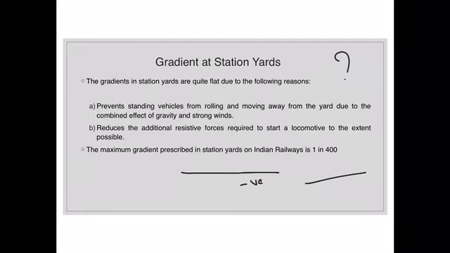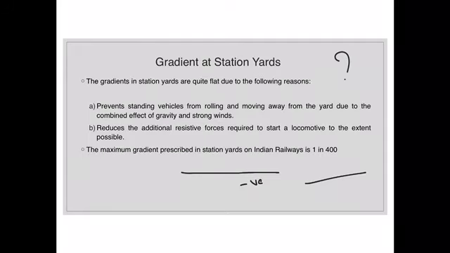Next we have something called grade compensation. Grade compensation comes into the picture on curves. Whenever the ruling gradient and the change in direction both exist, the resistance of the track increases on the curve, because along with the gradient we have the curve also. On curves, centrifugal force develops, and to counteract that centrifugal force, additional energy is required.